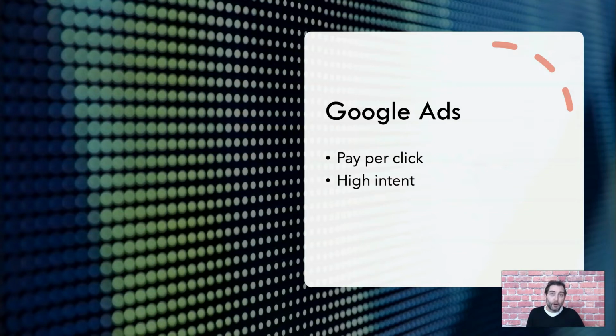But the important thing to highlight here about Google Ads is that of the three paid strategies I've mentioned here, Google Ads, Facebook Ads and LinkedIn Ads, Google Ads is the one which will bring you traffic with what we call the highest intent. In other words, people who are most likely to be ready to use your services right now. And that's because Google Ads are attracting to your site people who've actually gone to Google and typed something in that indicates they need a mortgage broker or financial advisor.